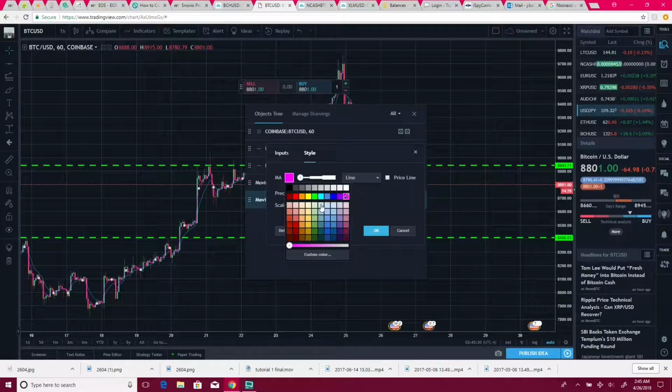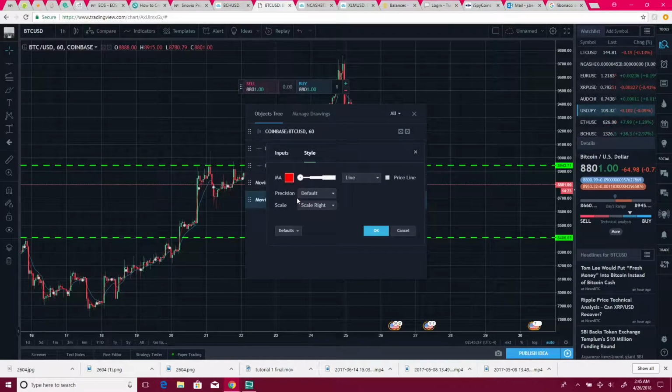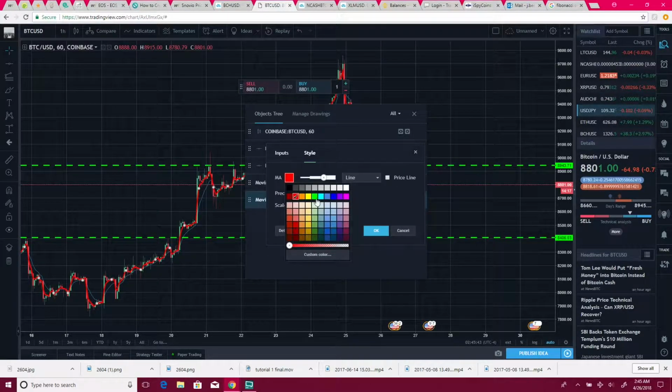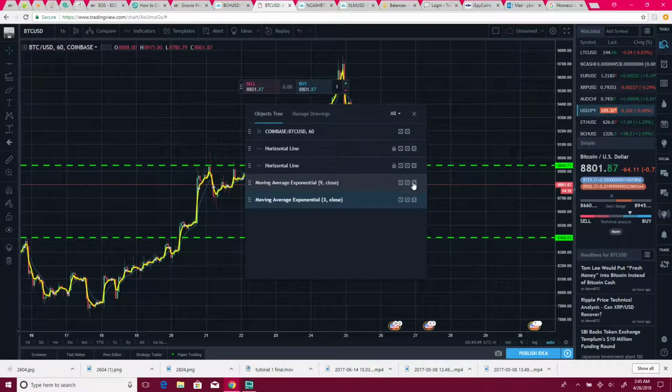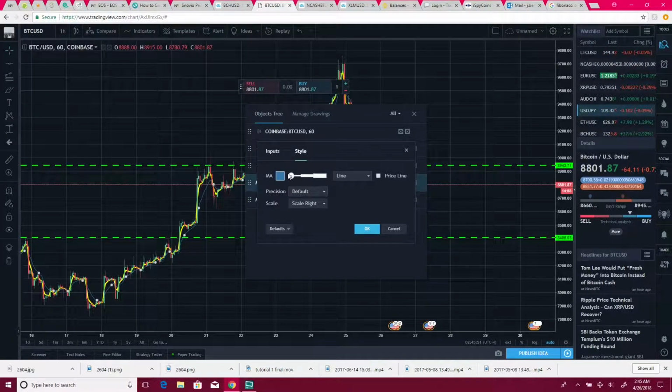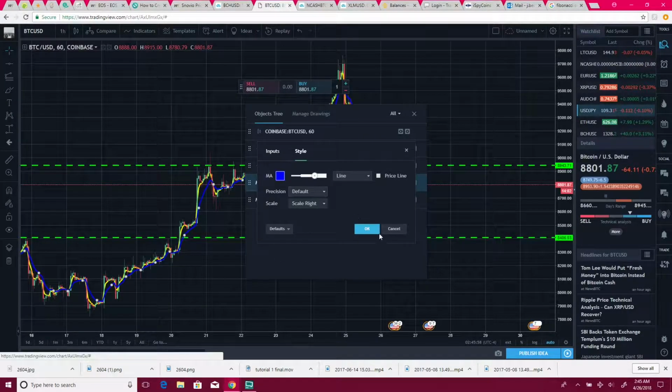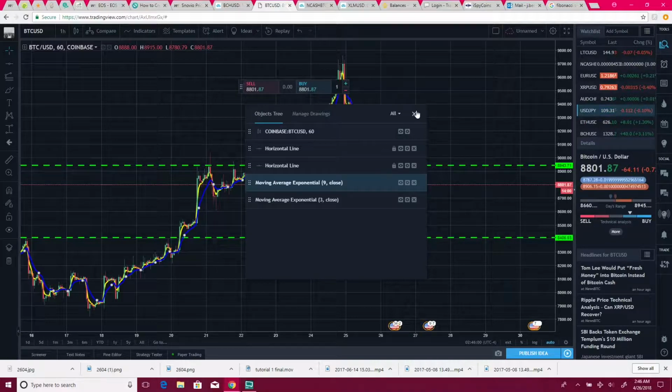It blends in too much. Okay, that's better. If I make it bolder, it's better. All right, we'll just go yellow. Let me change this to blue.